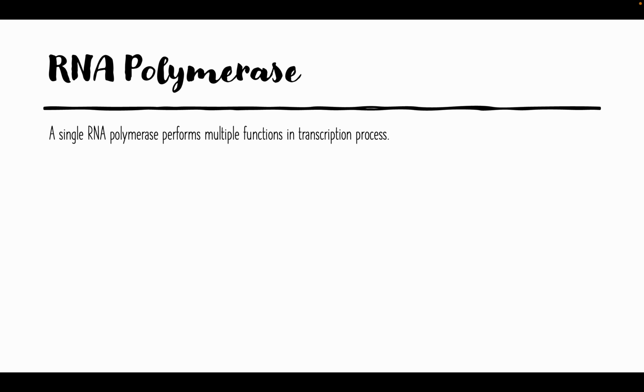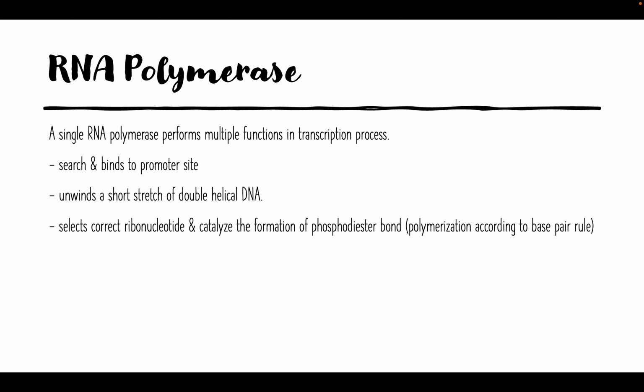So we will talk about the RNA polymerase. It's an enzyme which plays multiple functions in the transcription process: it searches for and binds to the promoter sites, it unwinds a short stretch of the helical DNA so that different proteins can bind, and then it forms single-stranded RNA.